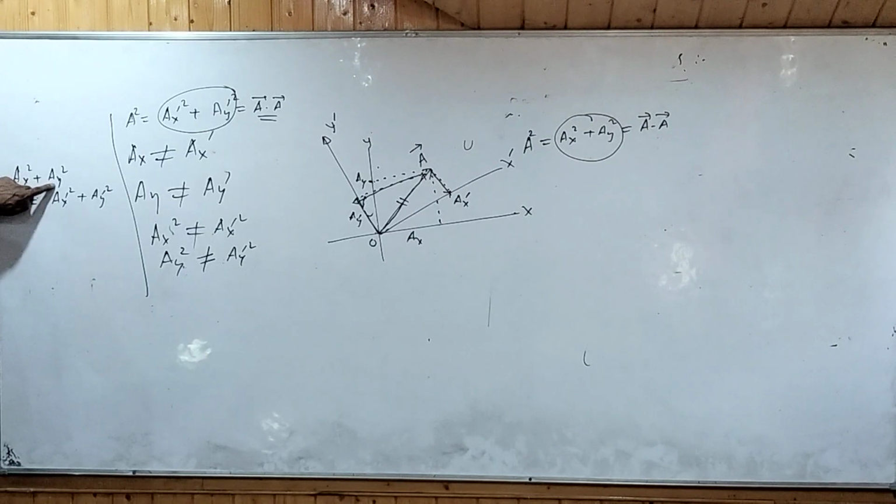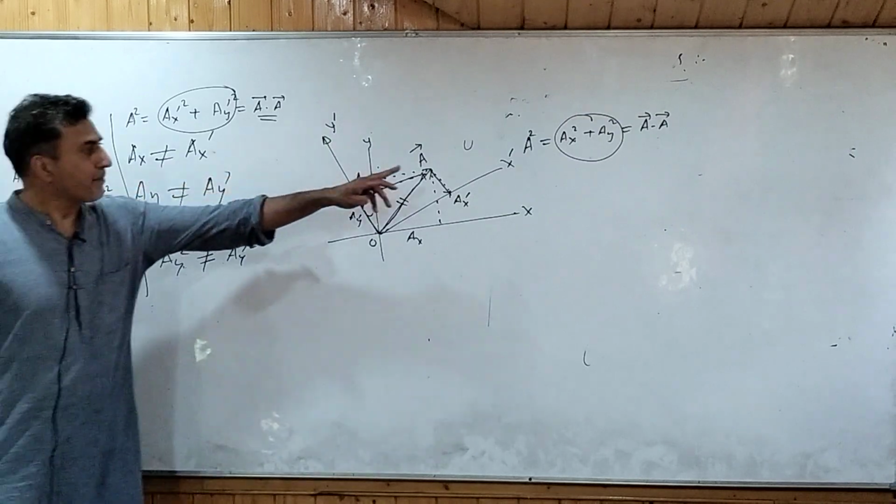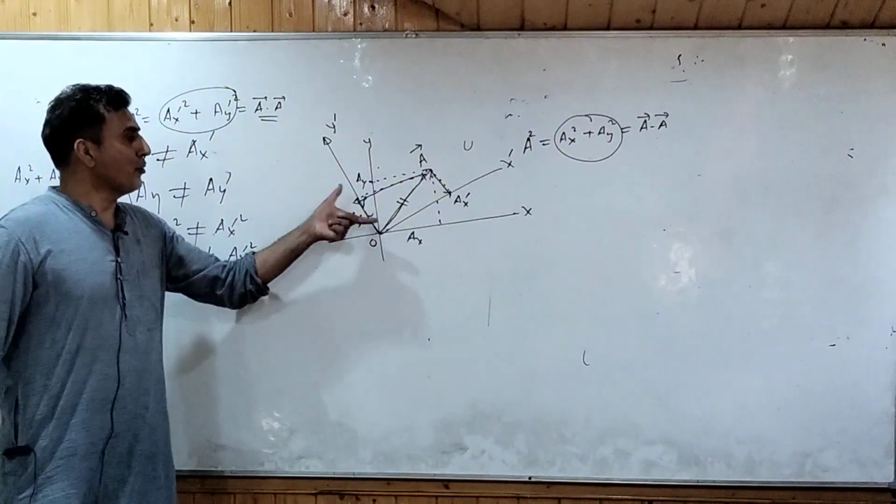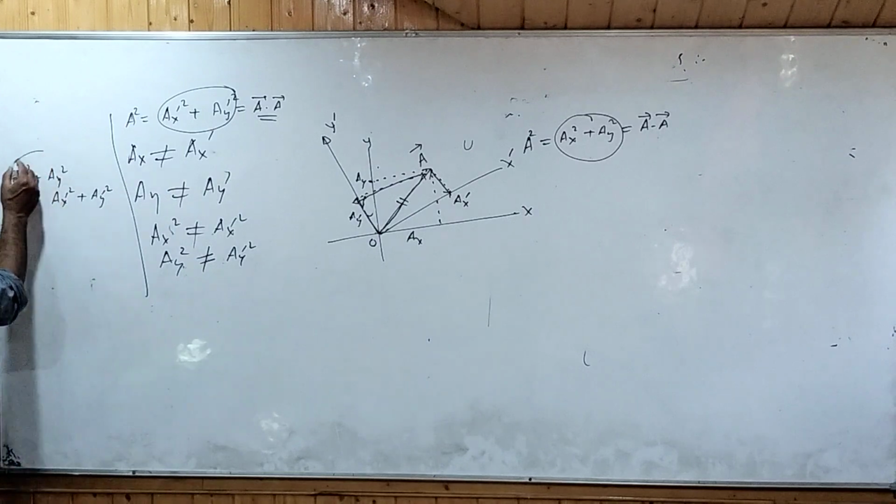The sum of the squares of the components in the xy coordinate system is equal to the sum of the squares of the components in the x prime y prime coordinate system which you have rotated. These are equal.